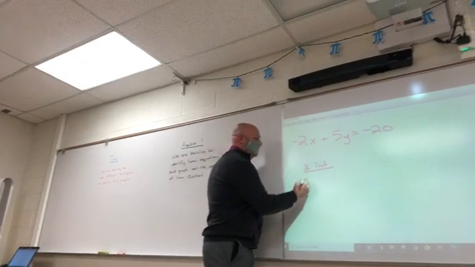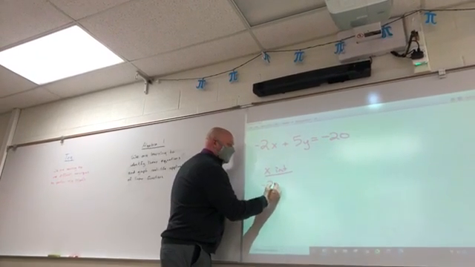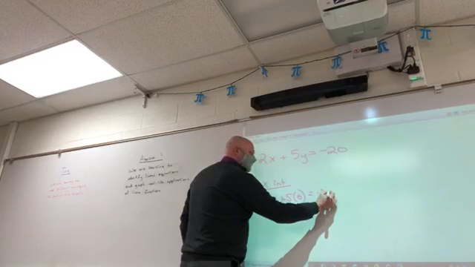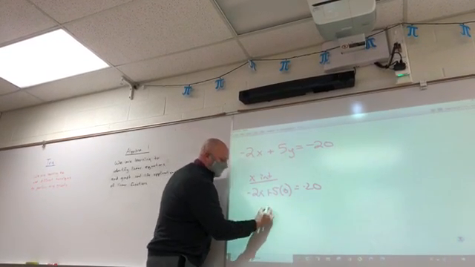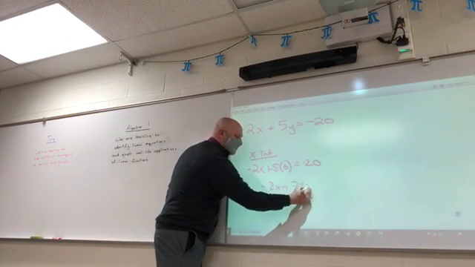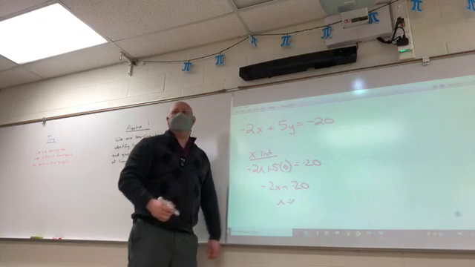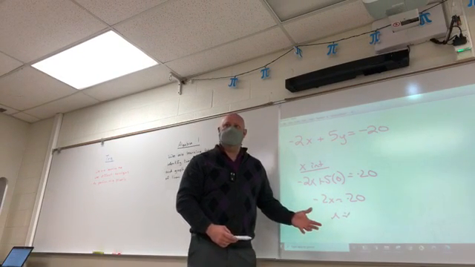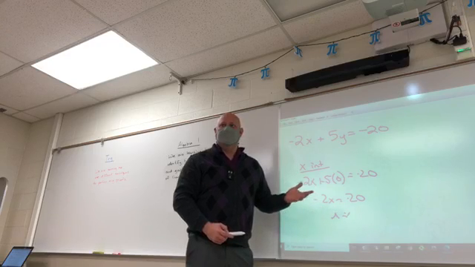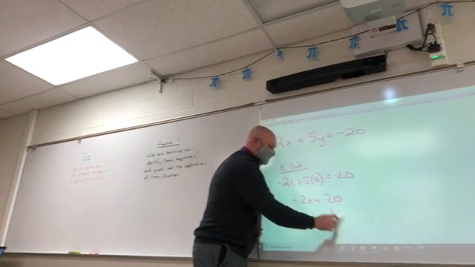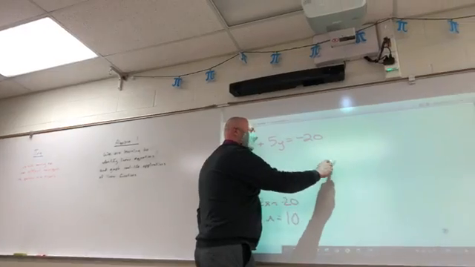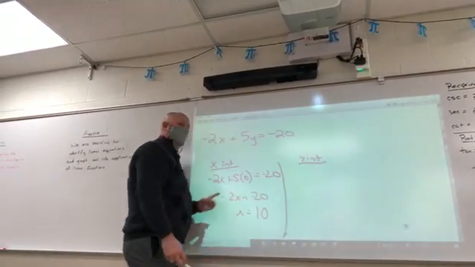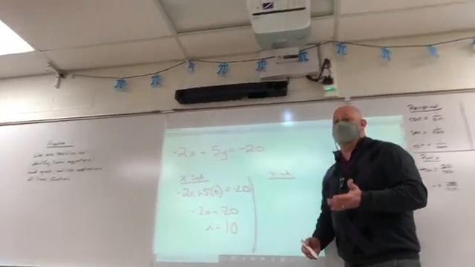To find the x-intercept, basically the y is going to become 0. So that goes away. I got negative 2x equals negative 20. So x is going to equal, what's x equal? It's negative 20 divided by negative 2. 10.